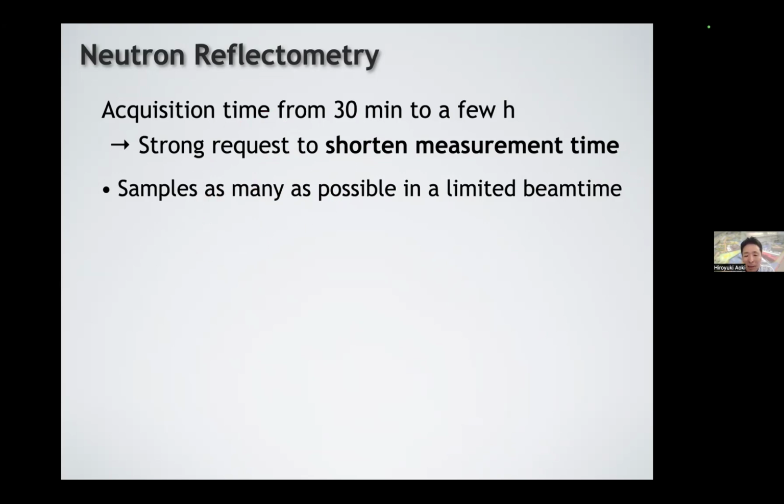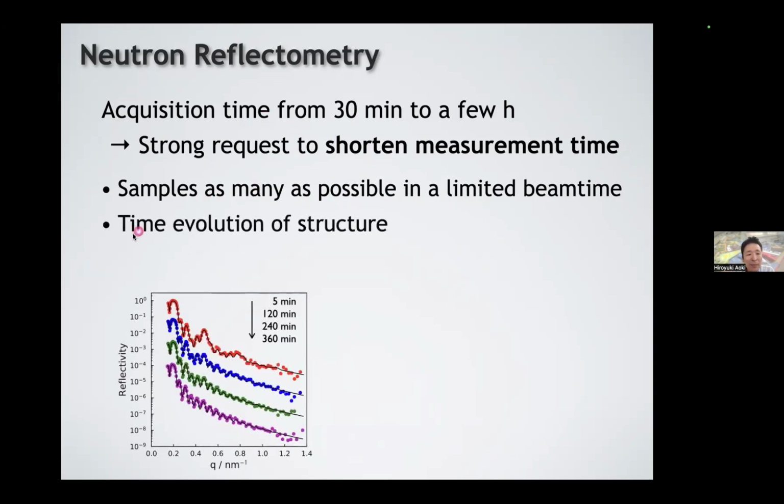Another meaning is time evolution measurement for time change in the structure. This is data from our beamline: the time evolution of the structure of a stacked film or polymer thin film.